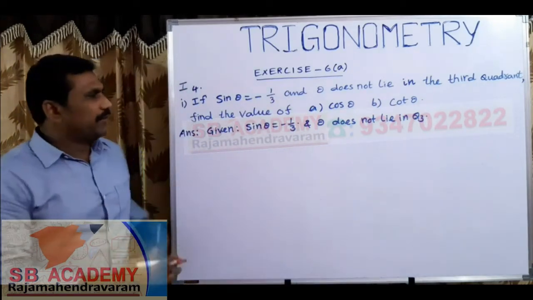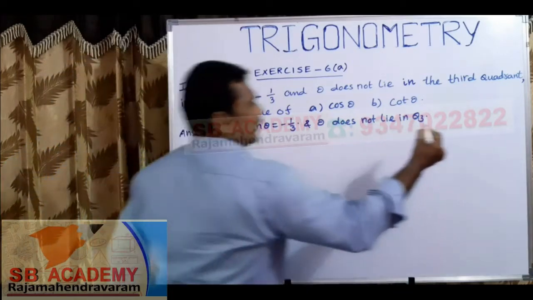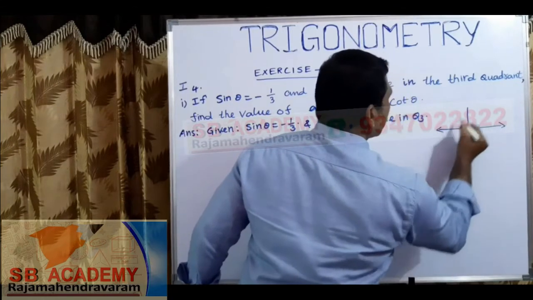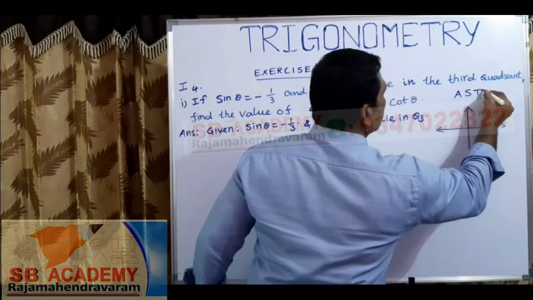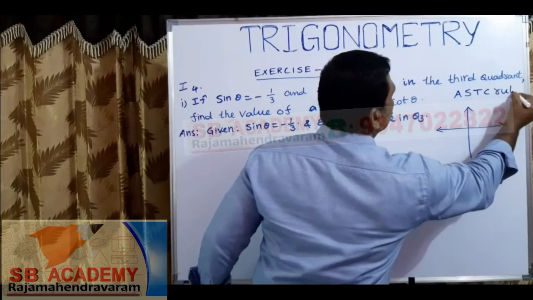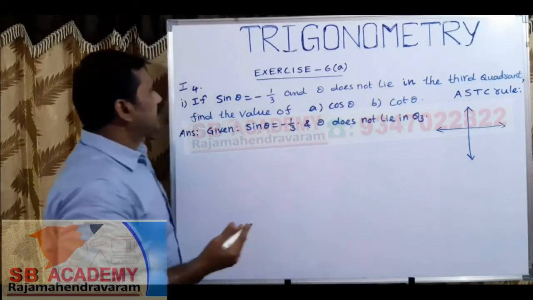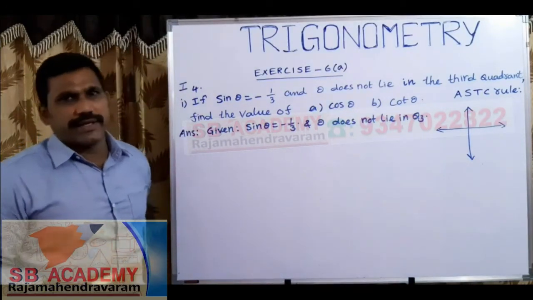Okay, before going to solve this, once recall the ASTC rule. Okay, children, sign is negative in which and which quadrants?